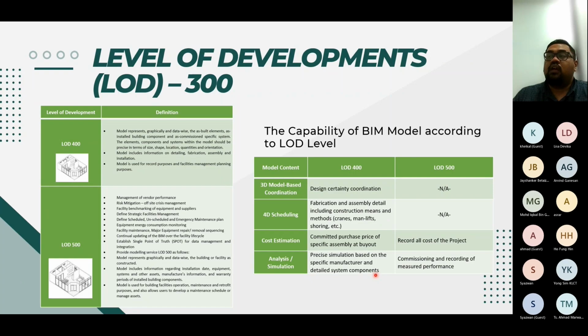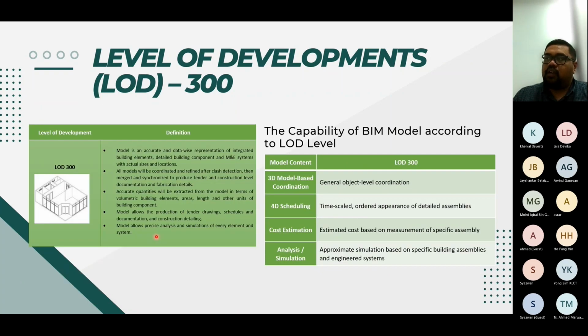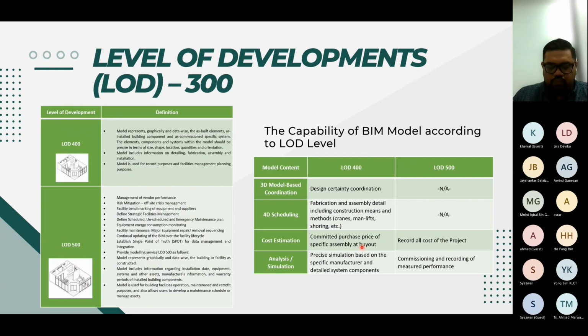Okay, so the difference is because here, for the analysis, for example the energy analysis, the energy usage is still generic, because at this stage sometimes the capacity might be confirmed, but the model or the brand for the item might be still ongoing, still not confirmed yet.